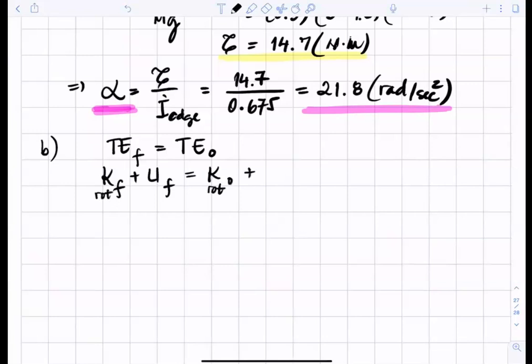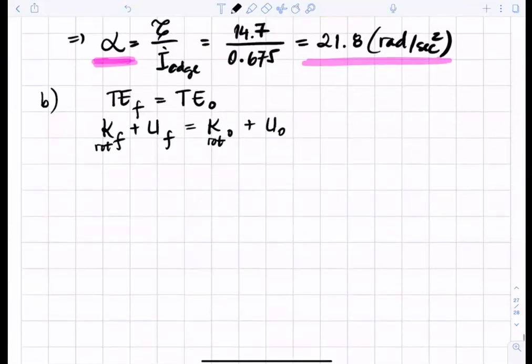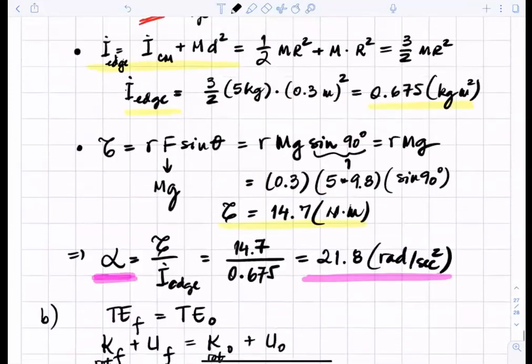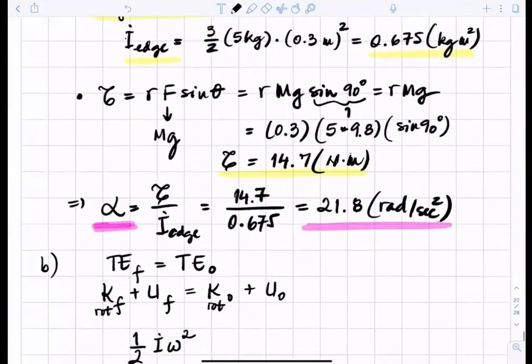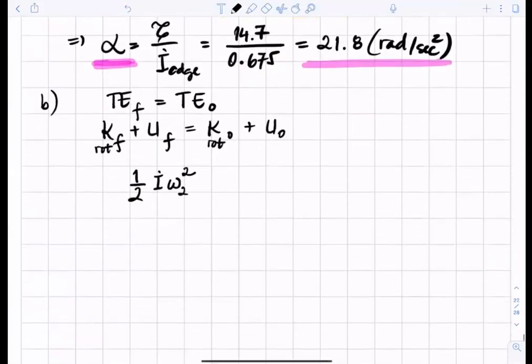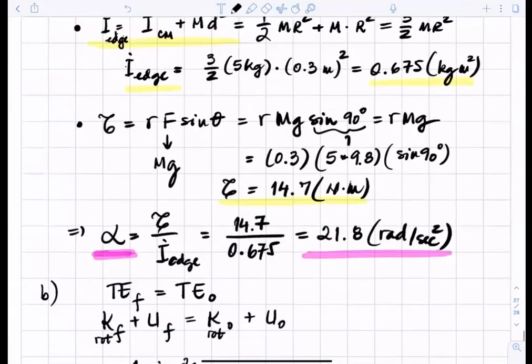So I'm going to depict each one of them. This is a disk, hence the kinetic energy of rotation is 1/2 I omega squared. Since it is final, I call it at point 2, so I'm going to call it omega 2.